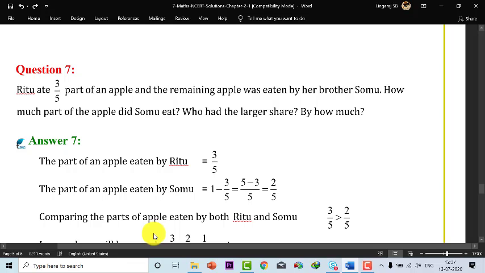So then the LCM will be 5. So 1 into 5 is 5 and 5 into 1 is 5, and then 1 into 3 is 3. So we got here 5 minus 3 divided by 5. So 5 minus 3 is 2/5.